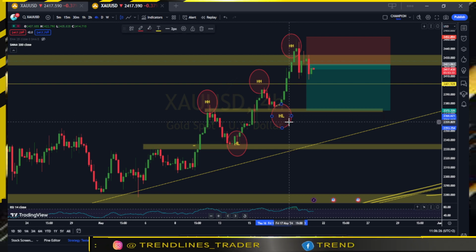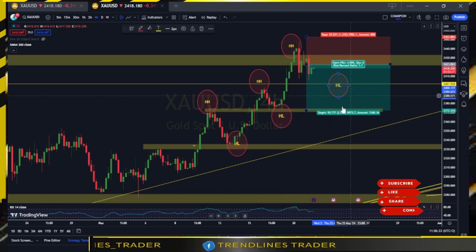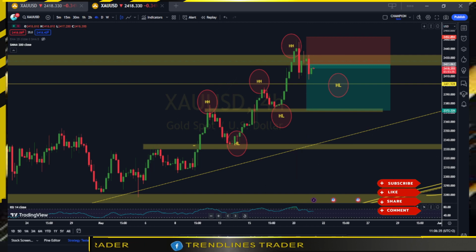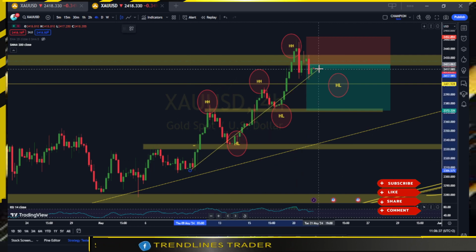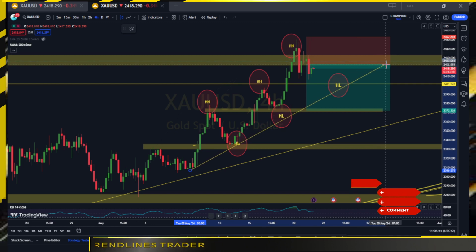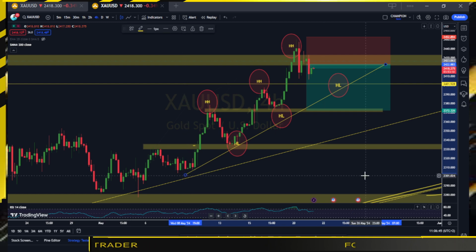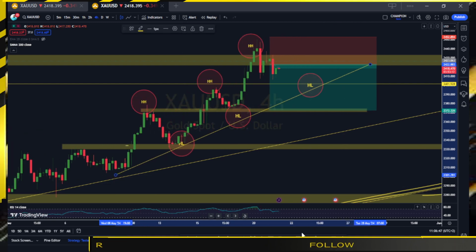So I'm hoping that our higher low might be around this area. Let's put on our trend line to witness where we could have it. Remember, we shouldn't cut the wicks. We need to draw our trend lines. So this is our gold.